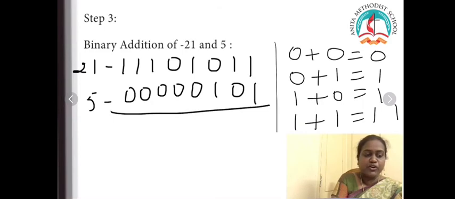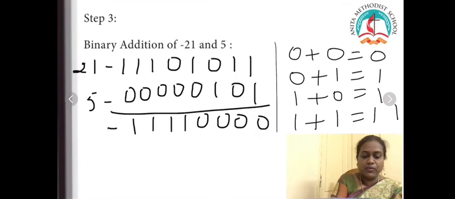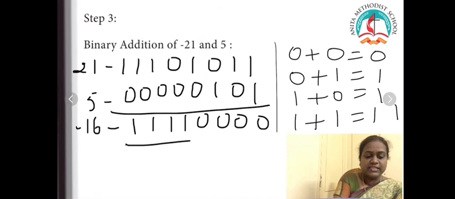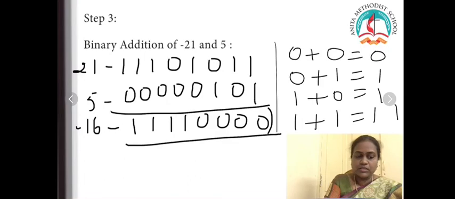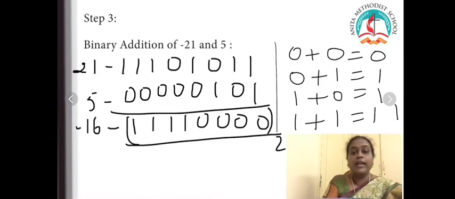So if I add everything, my answer will be 1 1 1 1 0 0 0 0. This is minus 16. So this is the value, base 2. Okay. You got the answer now.